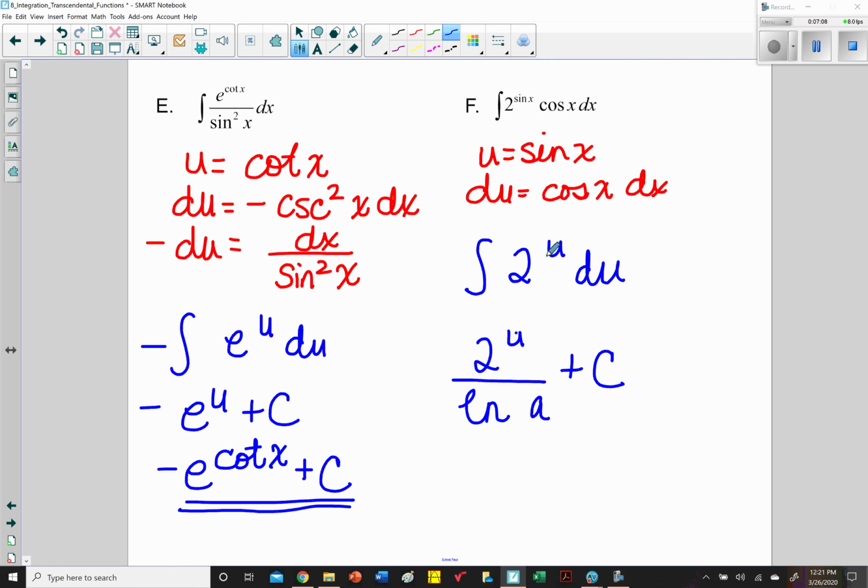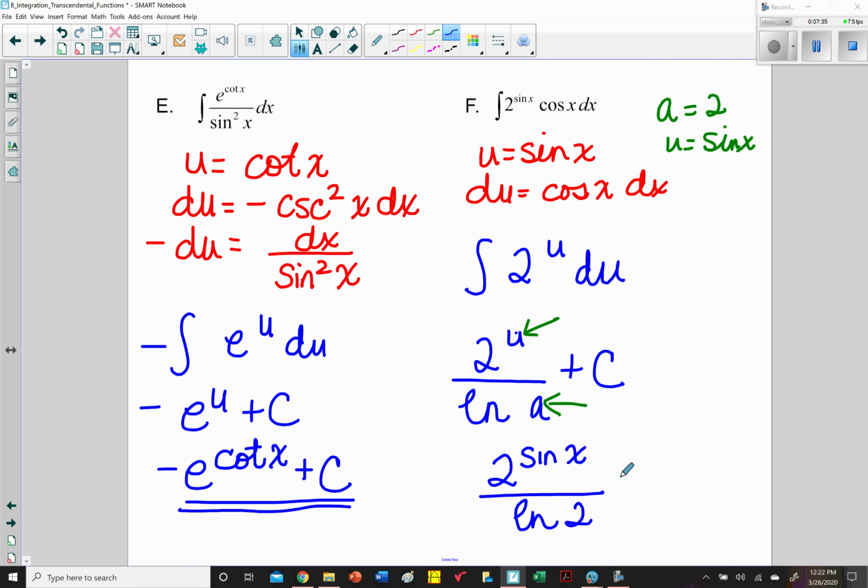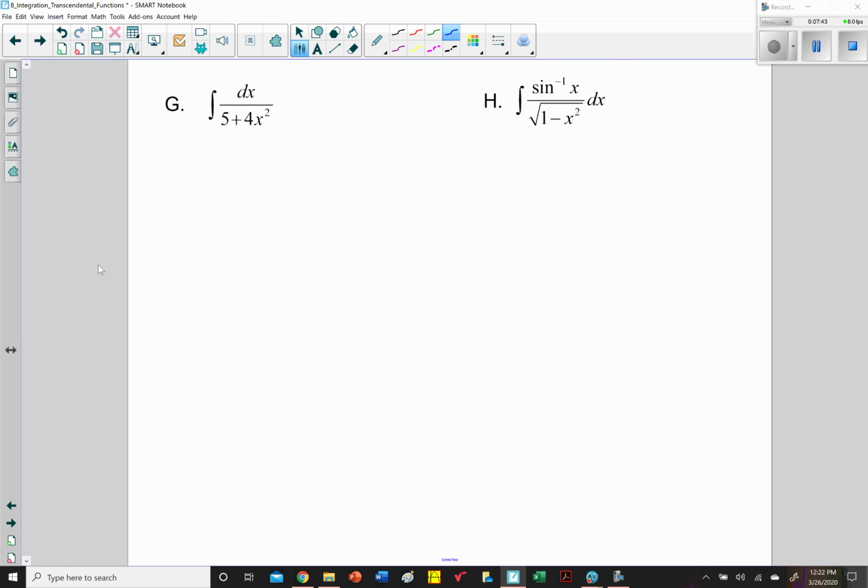So our a value is 2, and u is sine. So we can back substitute here and here to follow that integration rule. 2 to the sine x divided by natural log 2 plus a constant. So just a matter of memorizing those formulas so that they'll be fresh in your head when you need them.